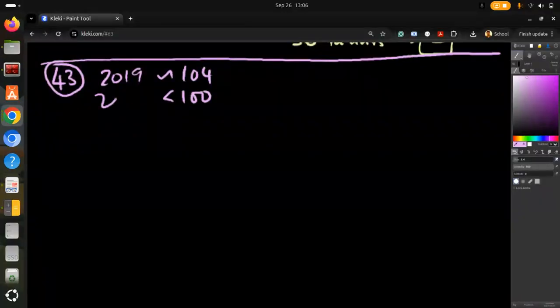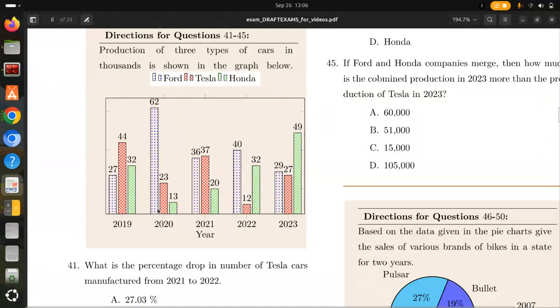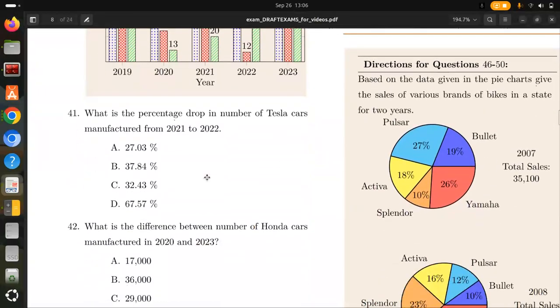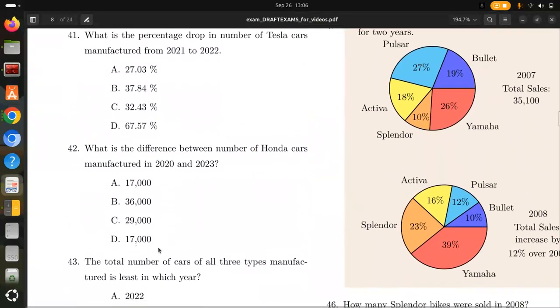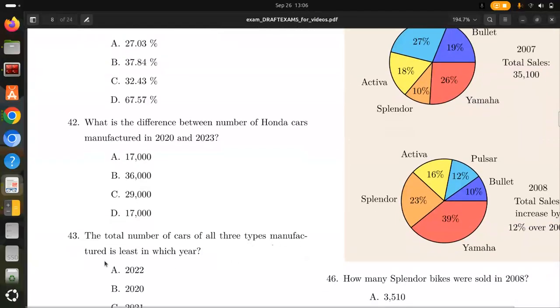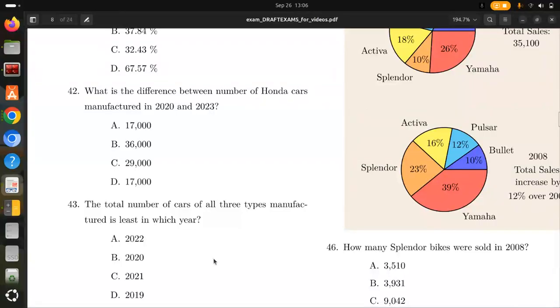So obviously now the question is, total number of cars of all three types manufactured is least in which year? Which year is the least?